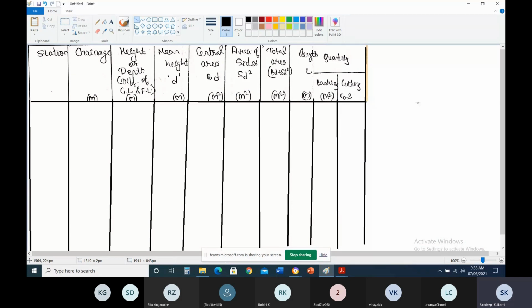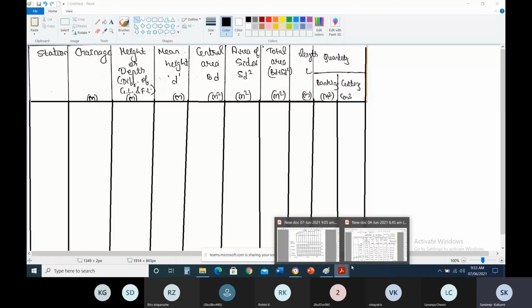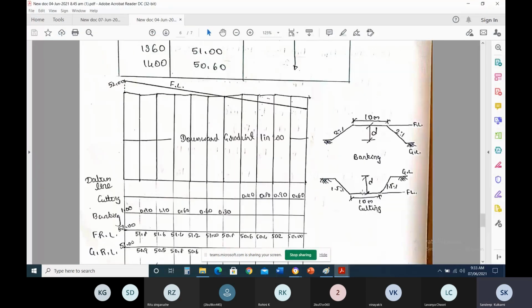Then mean depth, central area B into D, side area S D square, total area BD plus S D square, then length, then quantity. So this triangular portion is called the side area, and the central portion is called the rectangular area.